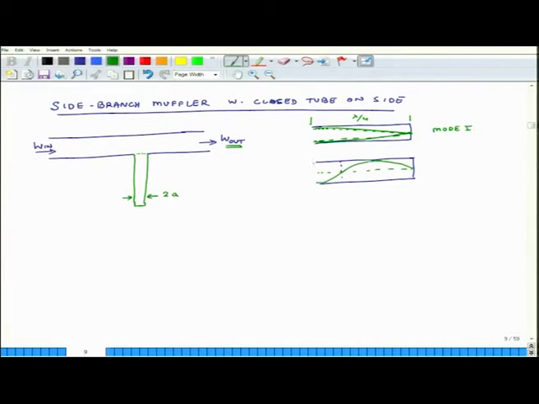So, it could look like this. This is the second mode which can develop in a tube, mode 2, and here the length of the tube equals 3 lambda over 4. Okay. And then I can have a third possibility and a fourth possibility and a fifth possibility and so on and so forth.